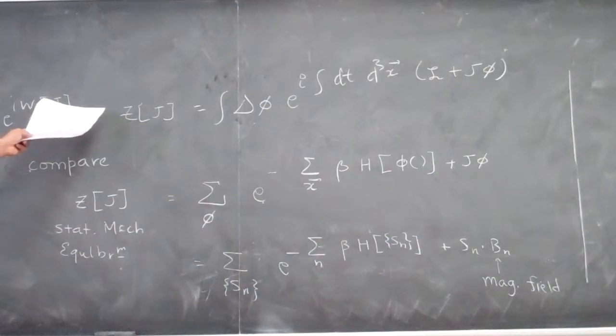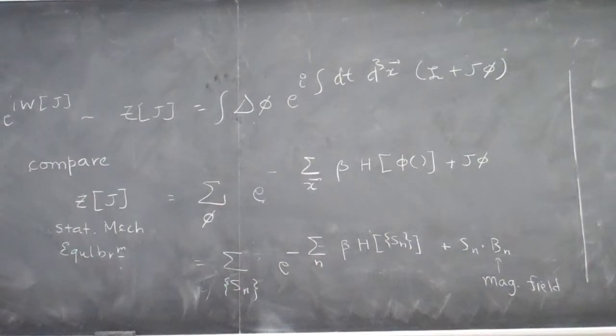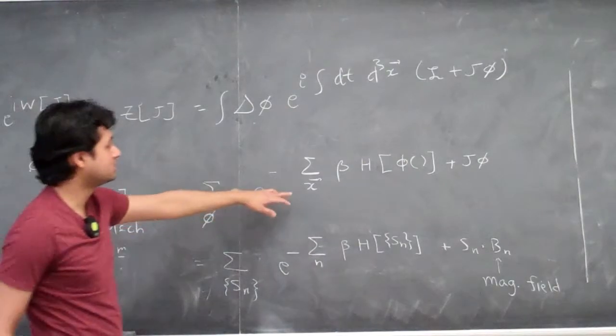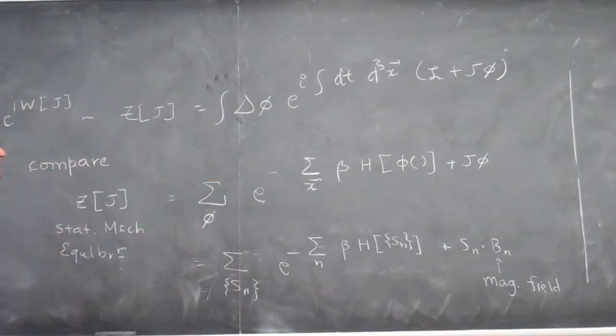This integral over d phi is effectively like summing over all phi's. This is like effectively summing over all Sn. The integral over x there. So of course, that's why I said equilibrium, because there is no t here. Okay, this x or this n, this corresponds to this. So there is no t there, right?